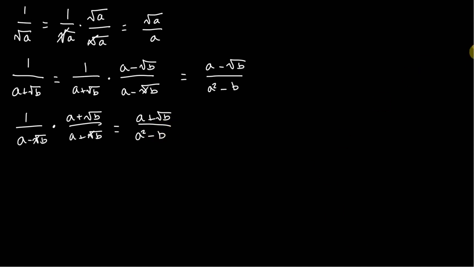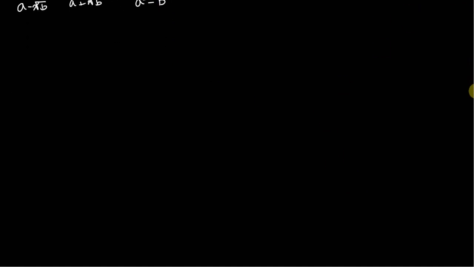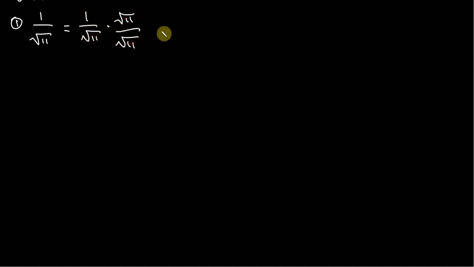So let's do a few examples. Start with something really simple, and it shouldn't take long to get a grip of the key intuition to understand how to rationalize. If you have 1 over, say, root 11, just as we talked about previously, you're going to want to multiply this by root 11 over root 11, which is going to equal root 11, and then they cancel out, right?